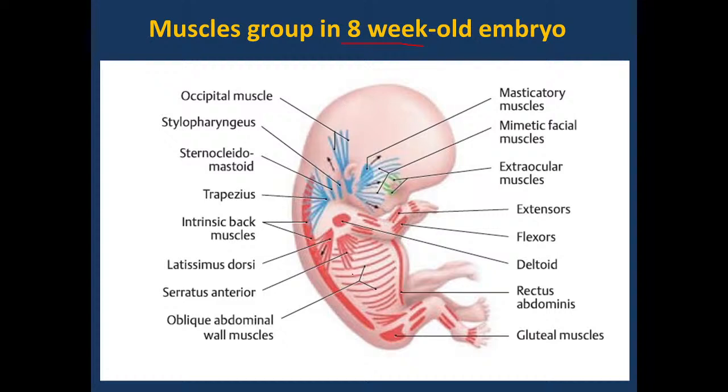Here you see the back muscles here. These are the intrinsic back muscles and some of the external or superficial muscles in the back region, and also all muscles in the chest and abdominal cavity.